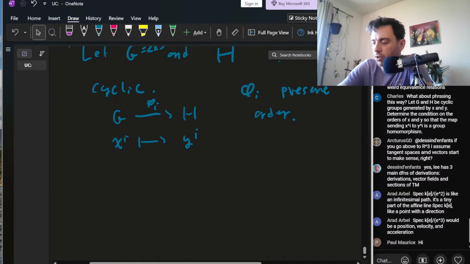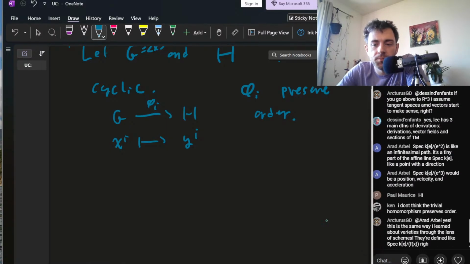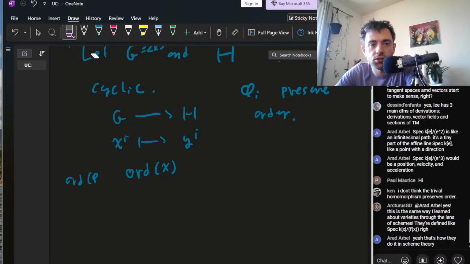Because, of course, we should have quotients of cyclic groups. Right. So the order of each element, in particular the order of X, the order of phi. No, why am I calling this phi_i? I should just be calling it phi, because it's just lifting each power to each respective power.